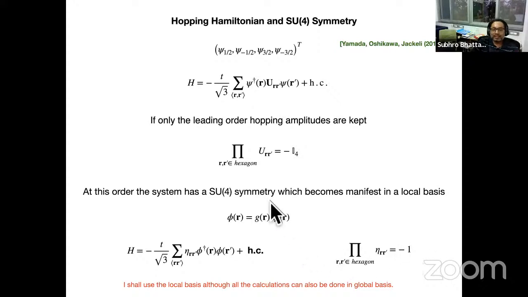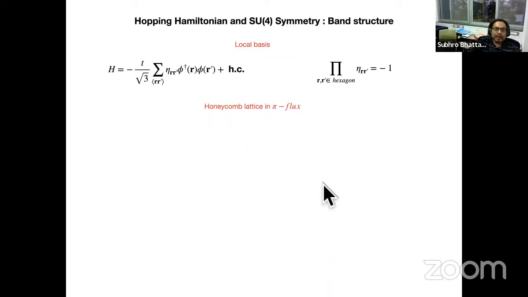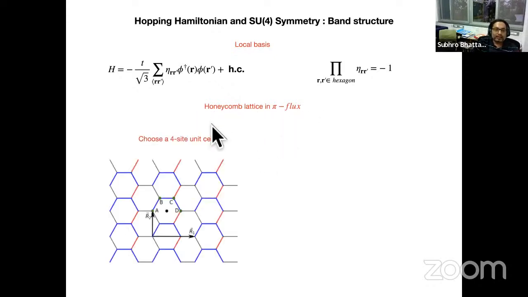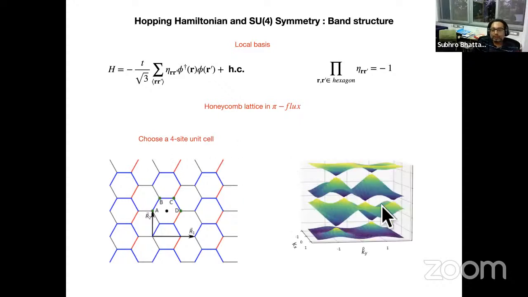This basically means that these degrees of freedom effectively see a pi flux going around the plaquette. So what we end up having is a honeycomb lattice in a pi flux, and one can diagonalize this Hamiltonian and get to the band structure.